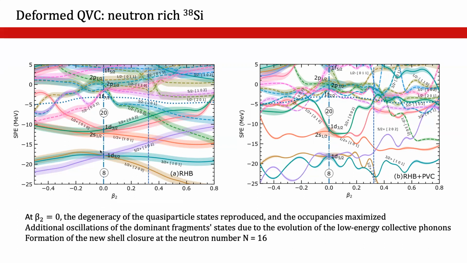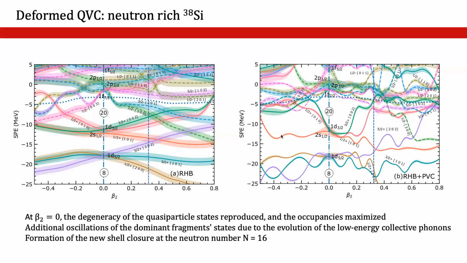And the right shows a relativistic Bogoliubov Nilsson diagram. We plot it like a Nilsson diagram, and the width of the band of each color is proportional to the occupation probabilities.